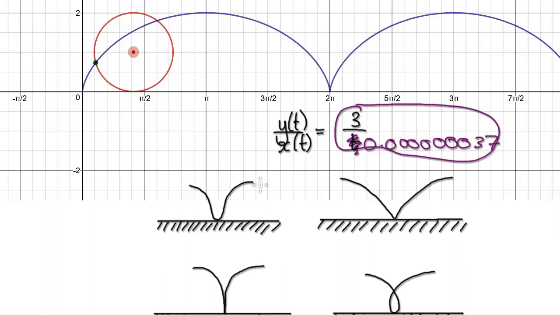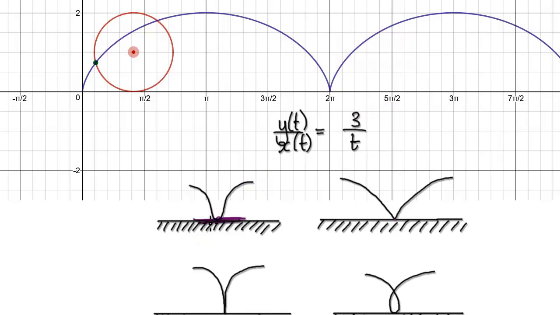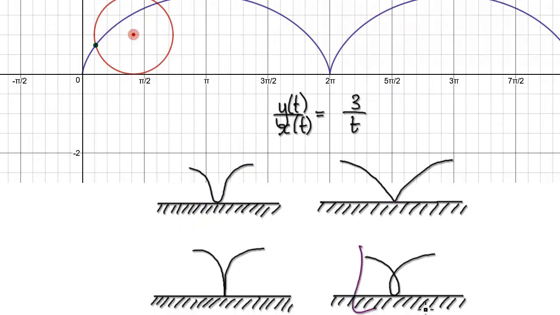So it won't be this scenario here, because if you look at this here, the gradient is near flat. It won't be this one here, because the gradient here is kind of flat. And it won't actually be this one here, because let's just say the angle here is 70 degrees.